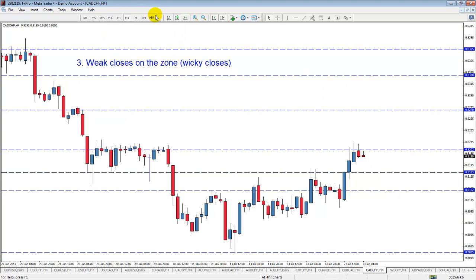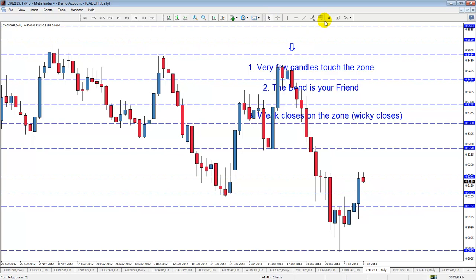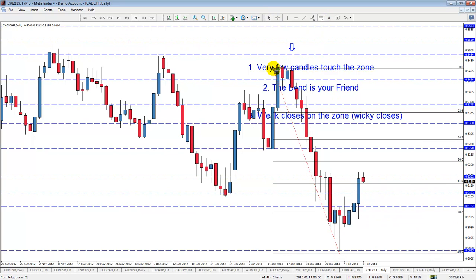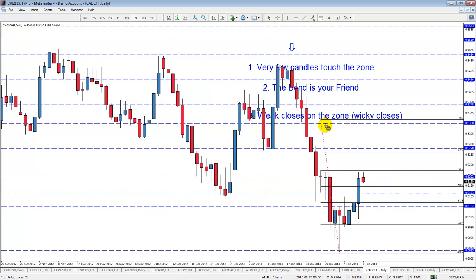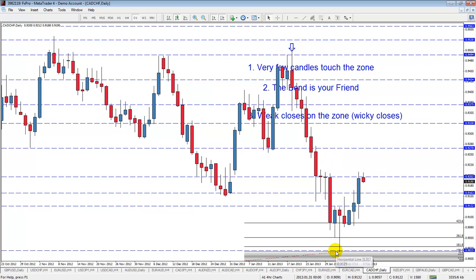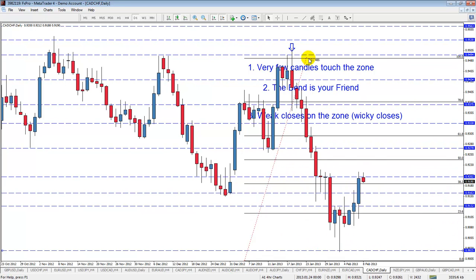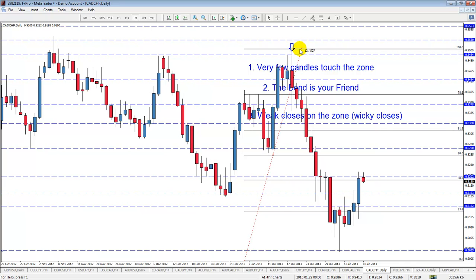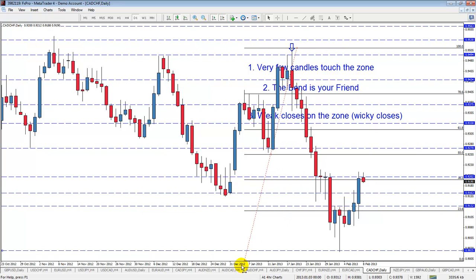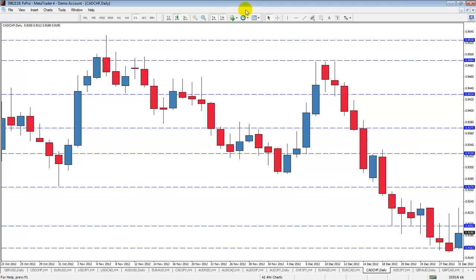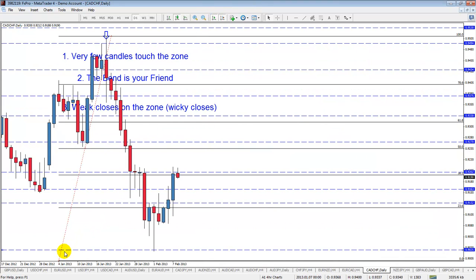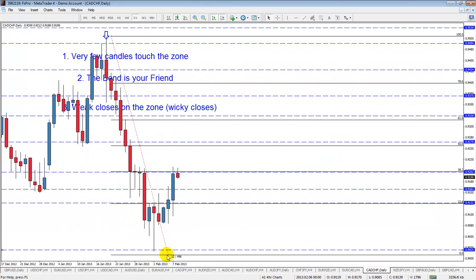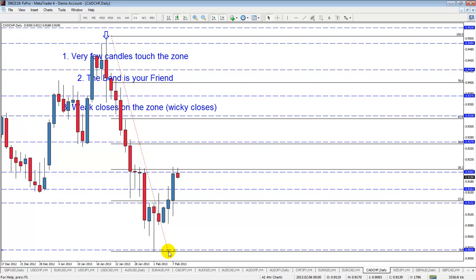Because thinking about what you're saying, which is a great point, what is our retracement here? It looks like it would be a 38.2% retracement at this zone right here.